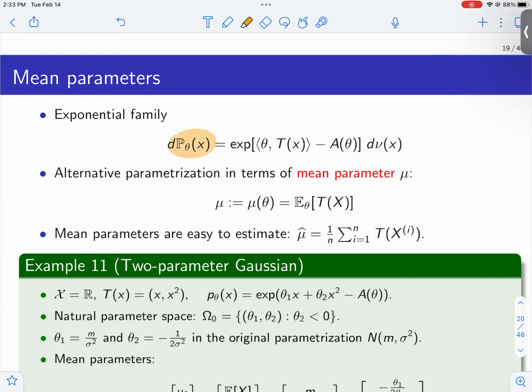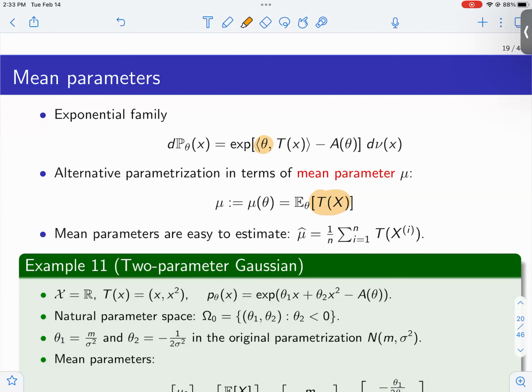So p theta is the distribution. This has density this with respect to nu of x. But the thing is, this theta is the canonical parameter. If I look at the expectation of T of x, we just showed that this is the gradient of A. In a full-rank family, this would in general be a function of theta, right? So that function of theta is a new parameterization. I can parameterize in terms of that parameter. And that's called the mean parameter.